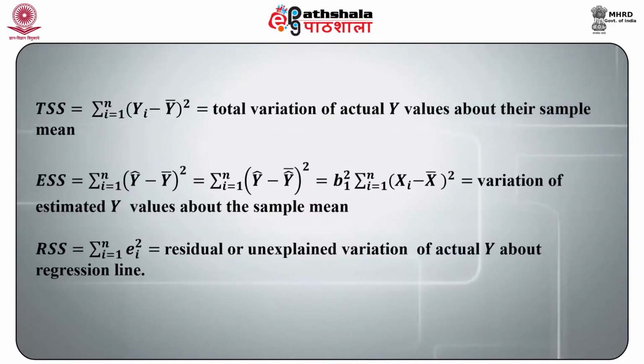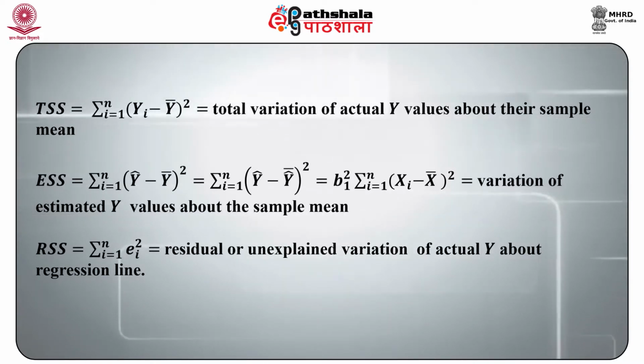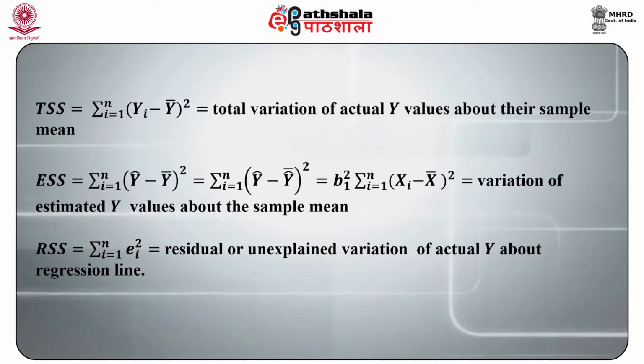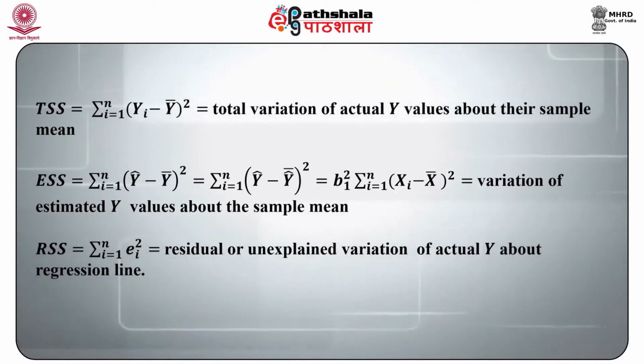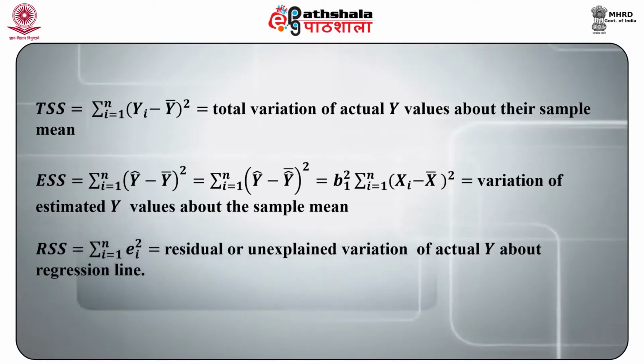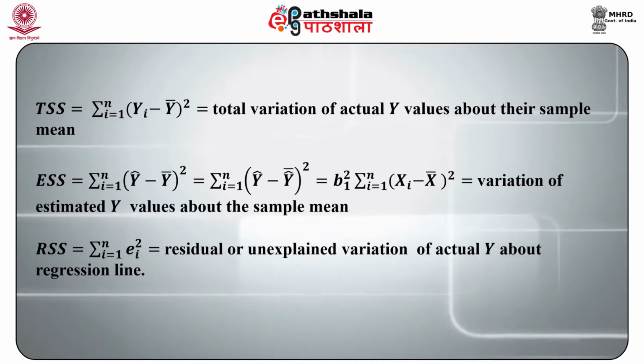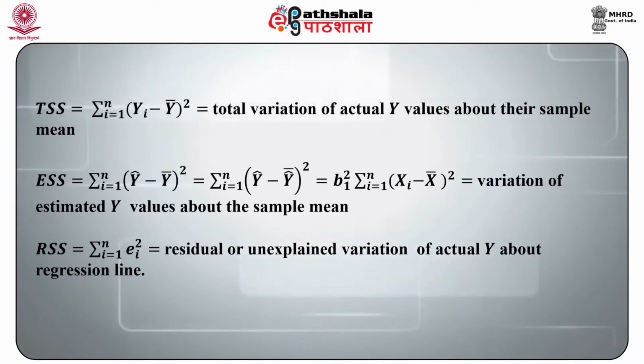Now having defined all this, we can say that the total variation of actual y values about their sample mean is equal to the variation of the estimated y values about the sample mean and the unexplained variation of actual y about the regression line, which is defined as sigma ei square.